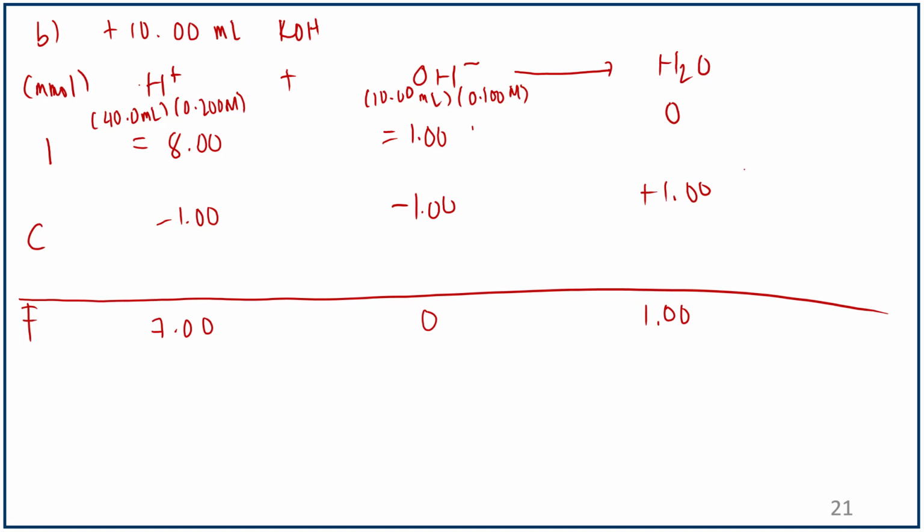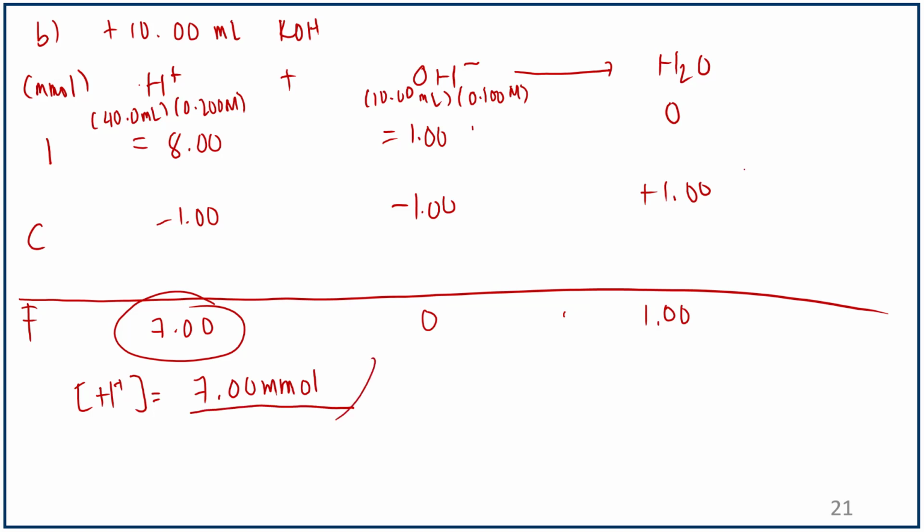So here, you can calculate the concentration of H plus. You have the millimoles of H plus, so from that millimoles, divide that by the total volume of the new solution. So that should be 40.0 plus 10.00 ml, 40 from the acid and 10 from the base.